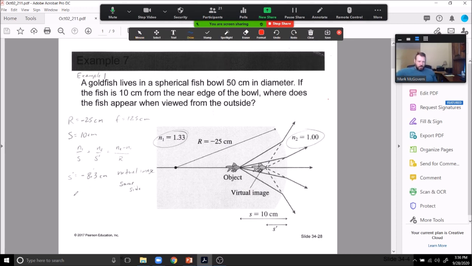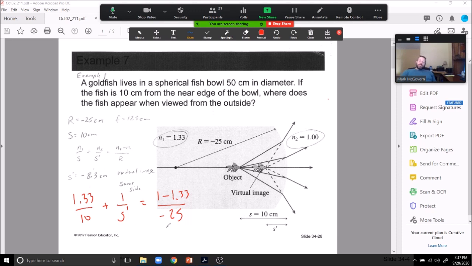Okay, so we got 1.33 over 10, plus 1 over S prime, equals 1 minus 1.33 over negative 25.